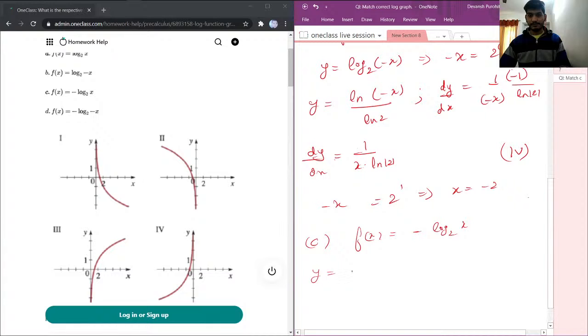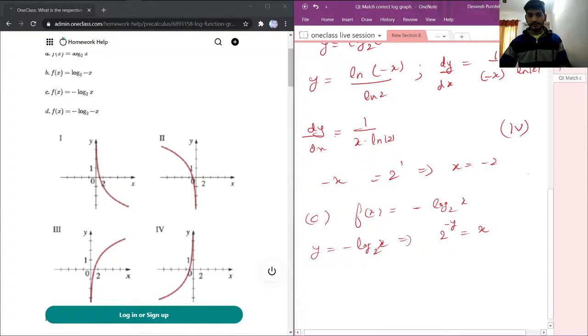This will be y equal to negative of log base 2 x, and taking anti-log I will get 2 power minus y equal to x, or this will become 1 over x.